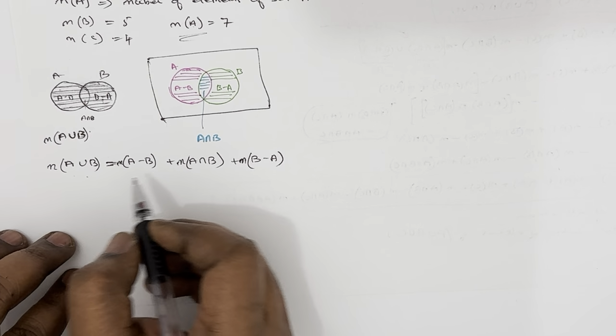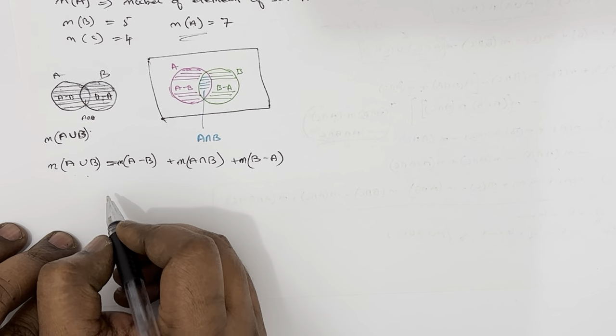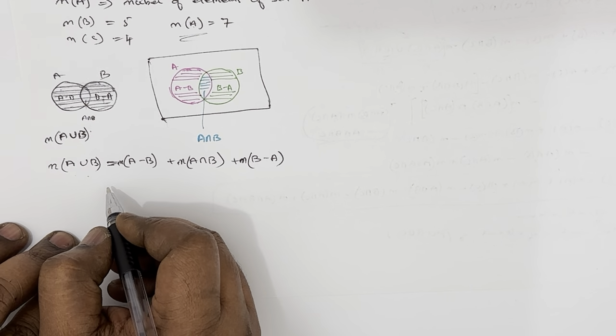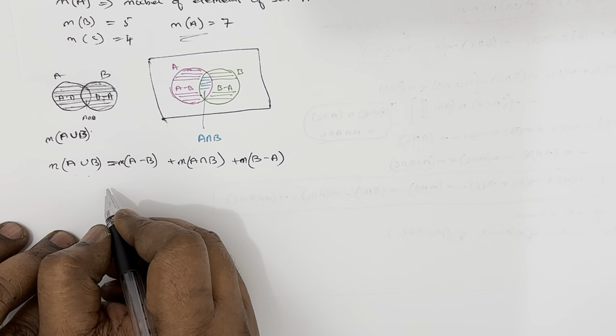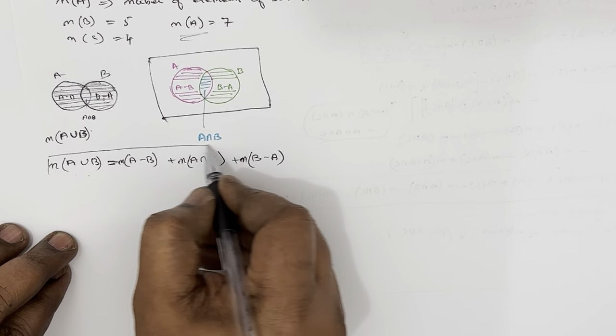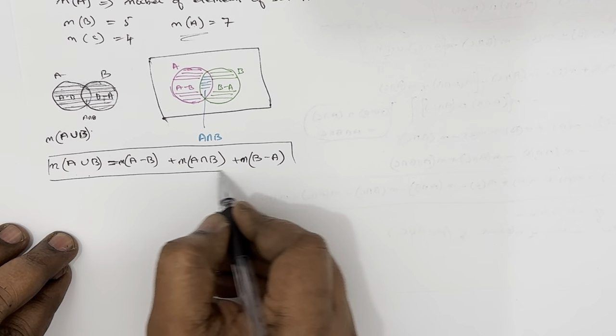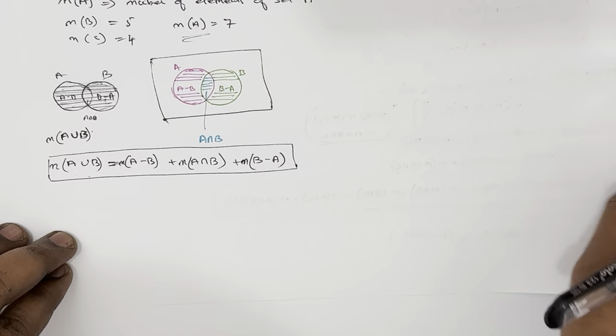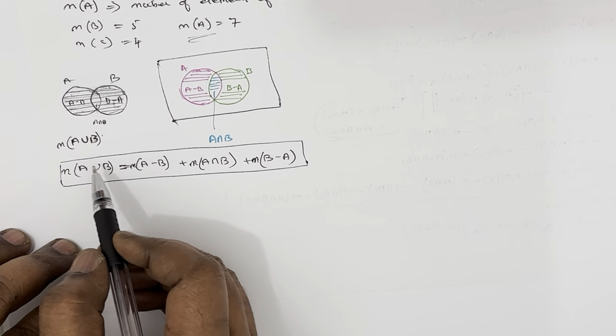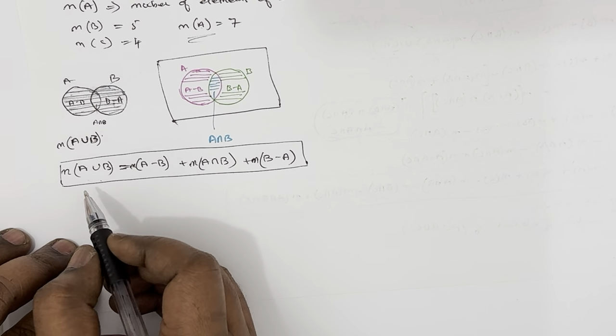If you see, let's add and subtract N of A intersection B to this. Okay, now this is the formula which we have received to calculate the number of elements in A union B.